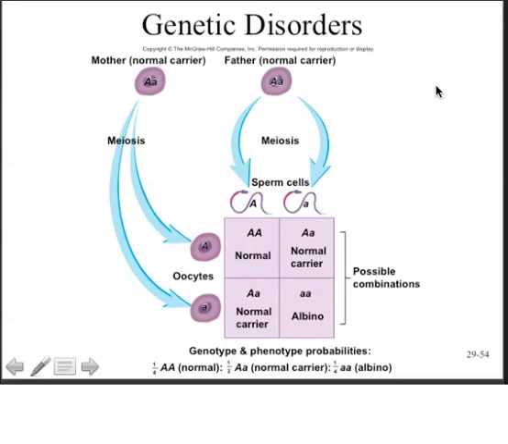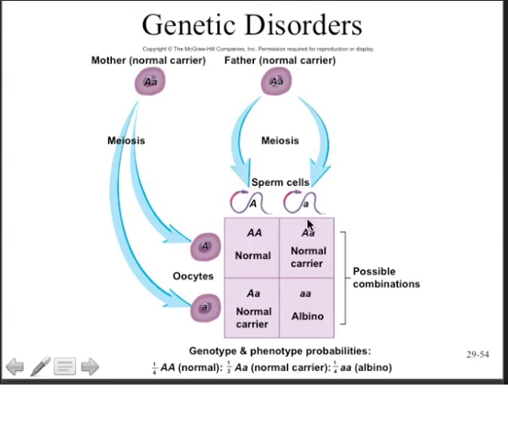In this example, if we know that the mother is a carrier for albinism, she would have normal pigmentation. Her phenotype would be skin that has normal production of melanin, and she marries a carrier father who would also appear normal.